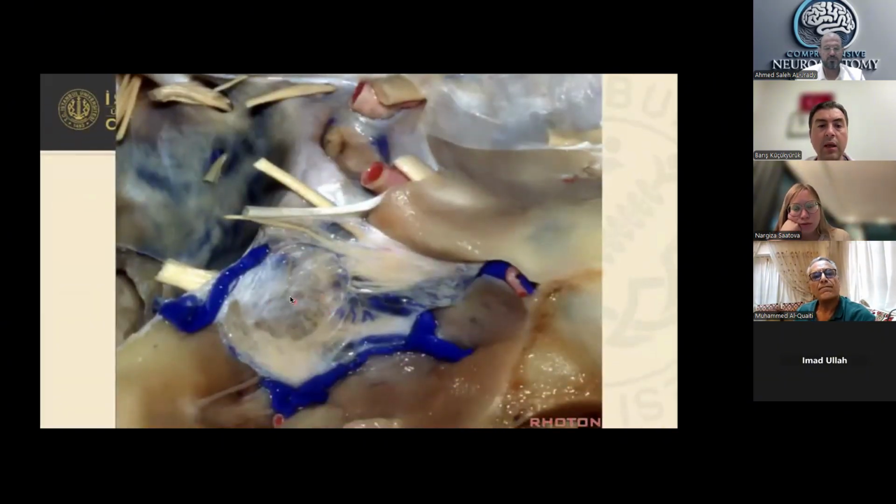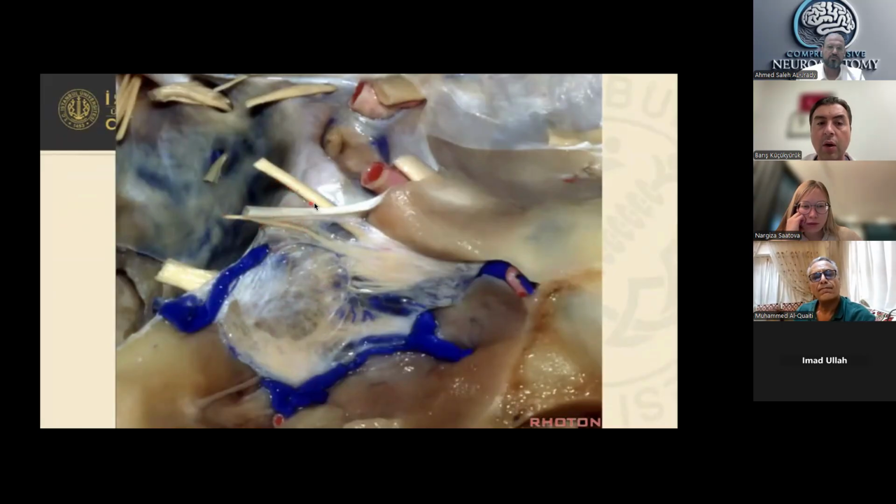So the outer layer of the dura is removed to expose the cavernous sinus here and also Meckel's cave. We see now here the third nerve entering the oculomotor cistern, and the fourth nerve coursing within the free edge of the tentorium.